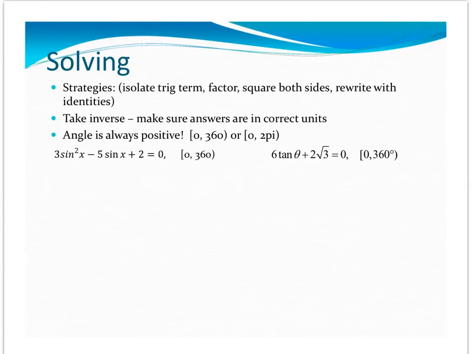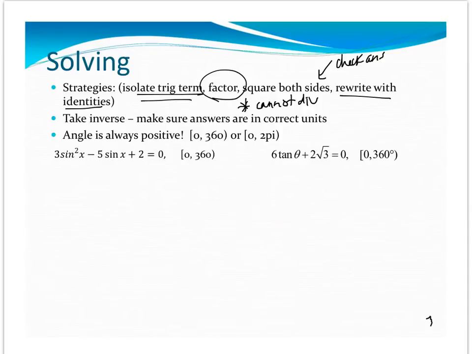When we are solving, there's a lot of things we want to think about. Most commonly, we isolate the trig function. A lot of times we will factor, square both sides. If we square both sides, you have to remember to check your answers. We can also rewrite using our identities. And a big thing to remember is that you cannot divide away a trig function.